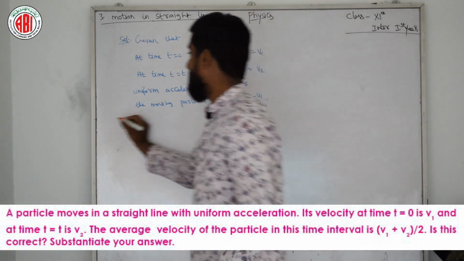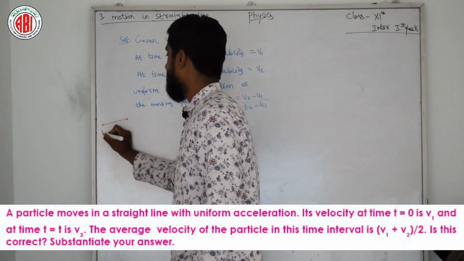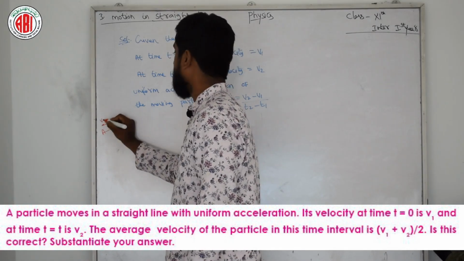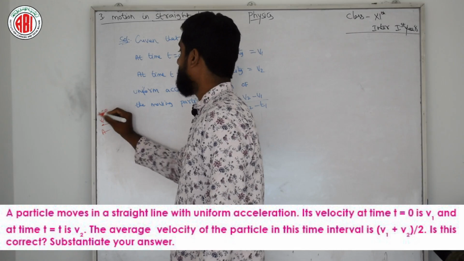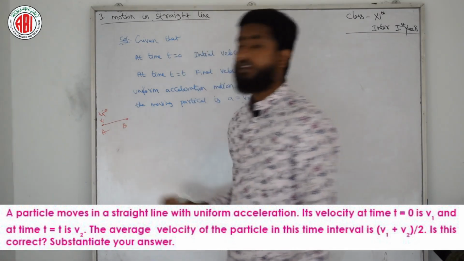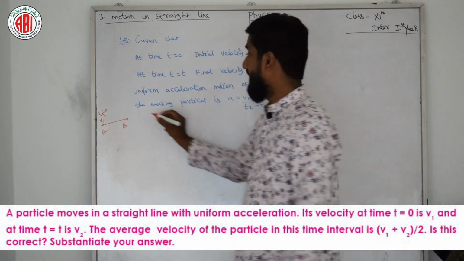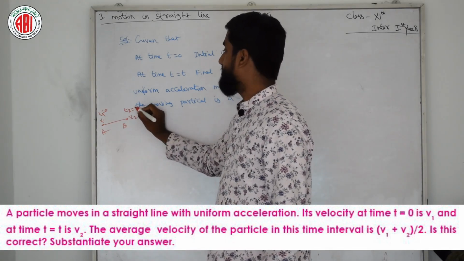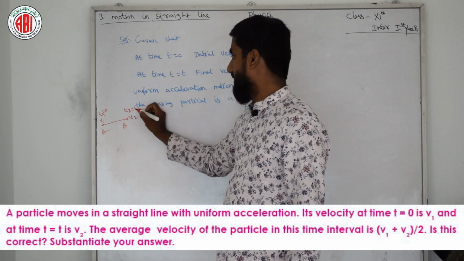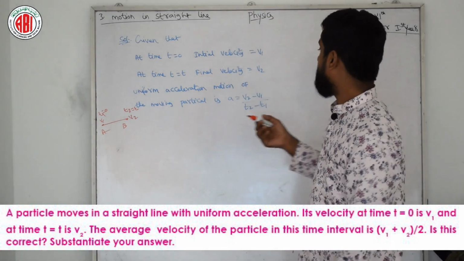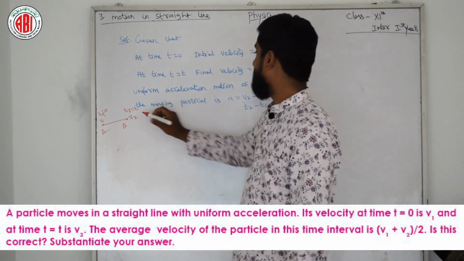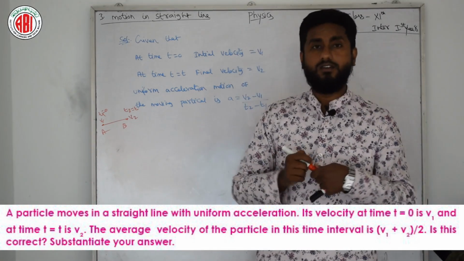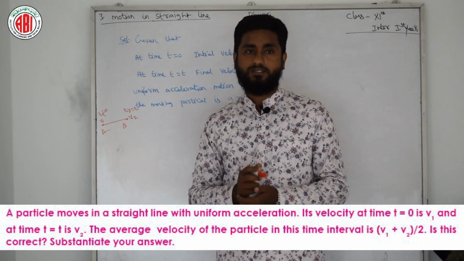We have a straight line AB. The initial velocity is v1 at time t1 equal to 0. At point B the final velocity is v2 at time t2 equal to t. From this we derive a equal to (v2 minus v1) by (t2 minus t1).